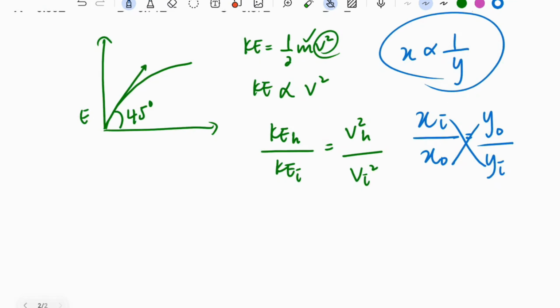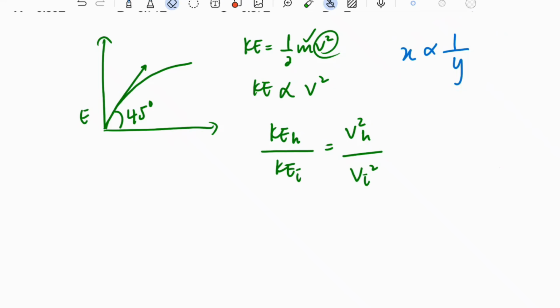Also, it doesn't matter whether you write the initial value first on top, or h first and below, as long as you are consistent with your values. If your h is on top and it's directly proportional, then your highest point velocity should also be on top. But if it's inversely proportional, then it should be crossed. Okay. Alright, so you get the idea.